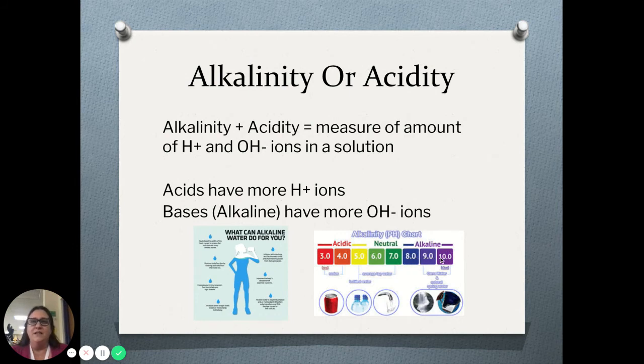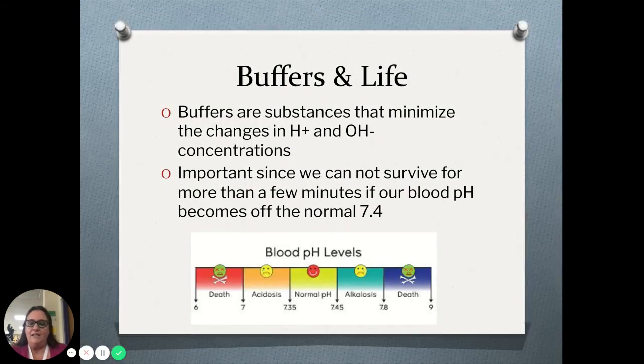I've seen some waters as high as 10. It's supposed to have benefits for your body in removing free radicals, particles that hang out and alter your DNA, and it's going to help balance your cells out. If you have a lot of acid reflux, it can help because it's going to help buffer, or change or subdue, the acids.